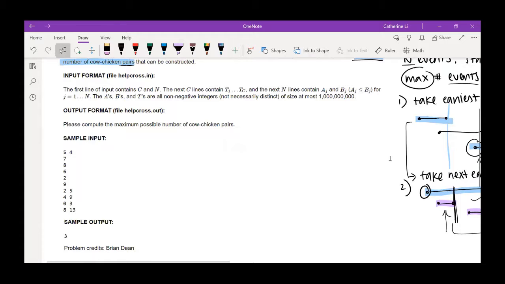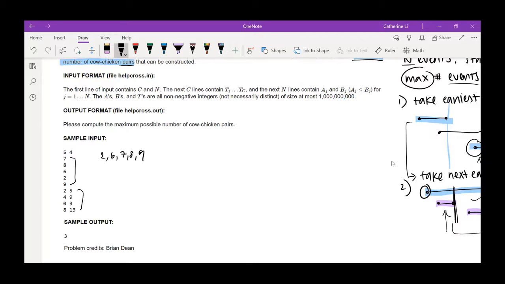The reason this helps us is because we can see that this problem, the scheduling one, is pretty similar in that we're looking at these chickens and we have these cows. For each chicken, if we sort them first based on their time, we have 2, 6, 7, 8, and 9.